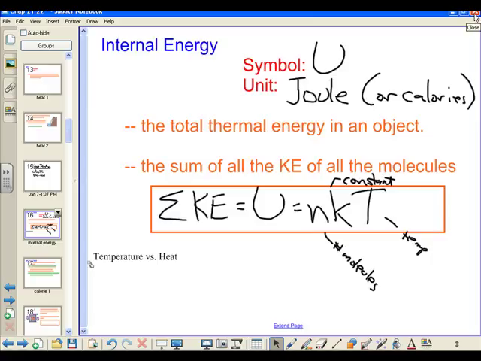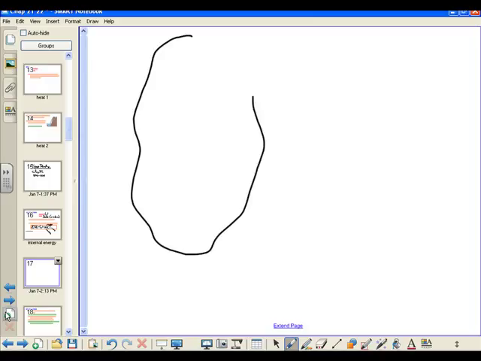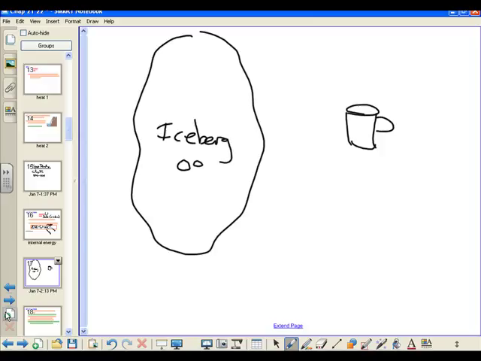So, the idea here being, what we're really getting at when they talked about heat, if I have an iceberg at 0 degrees, coffee is about 70 degrees, which is about what comes out of a coffee urn. There's our iceberg.